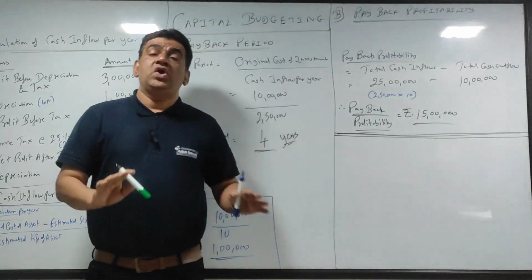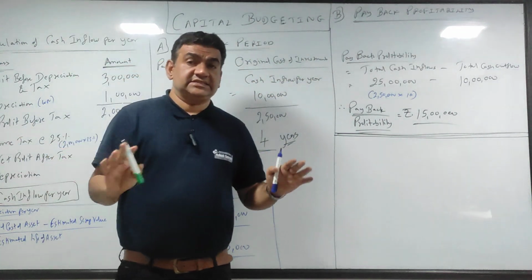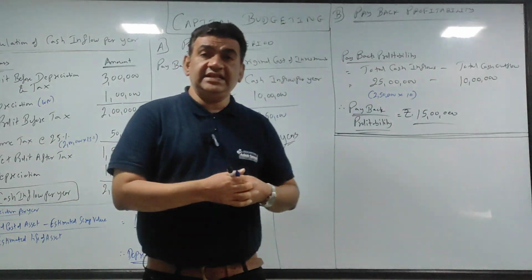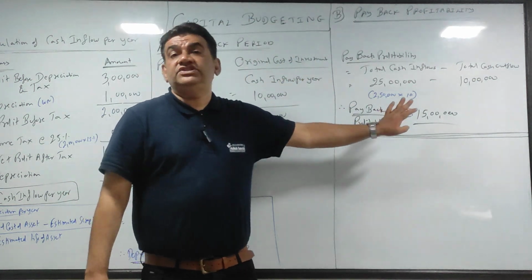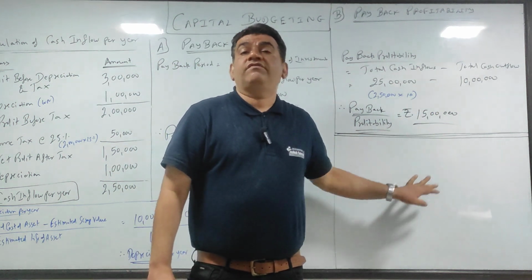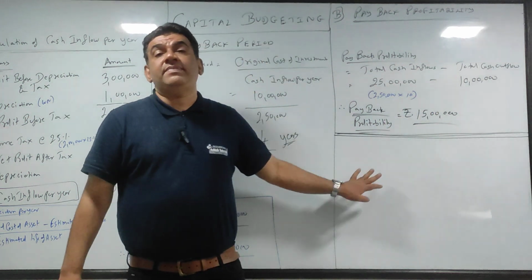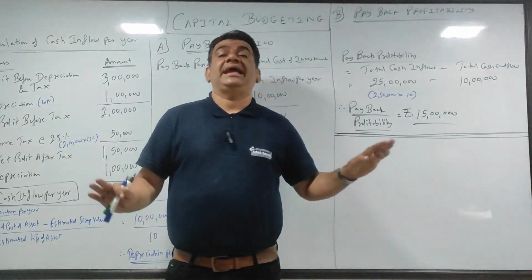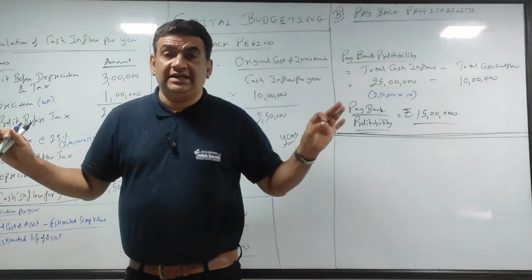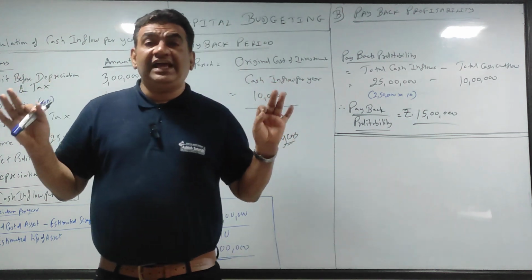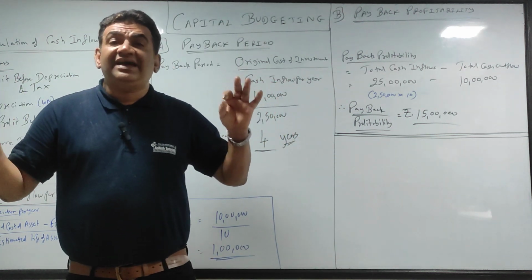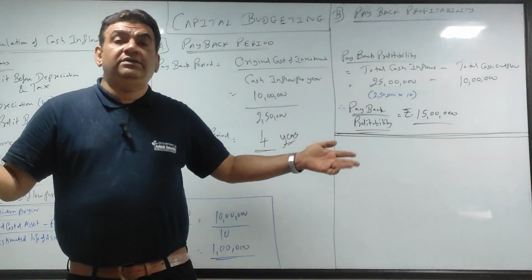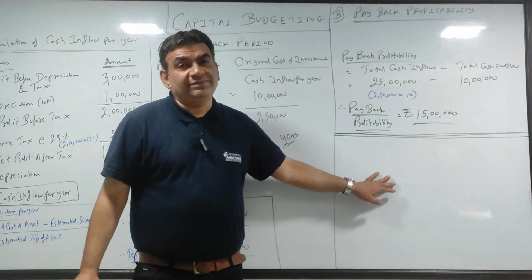That means over a period of 10 years, over a period of entire life, I have generated cash profit of 15 lakhs. So my payback profitability is 15 lakh rupees for the entire period of 10 years. पूरे 10 साल के लाइफ में मैंने 15 लाख कैश में अर्न किया है. That way you can interpret payback profitability.